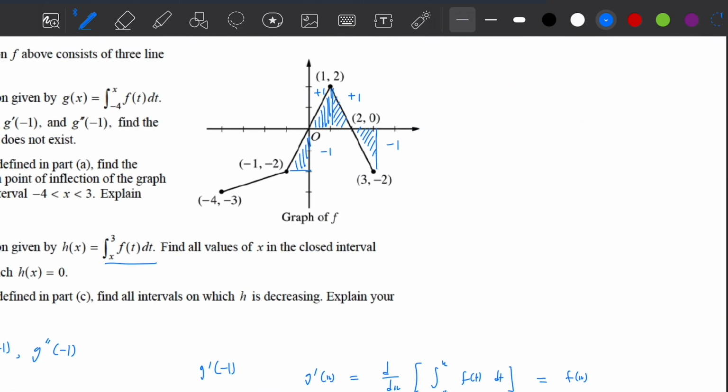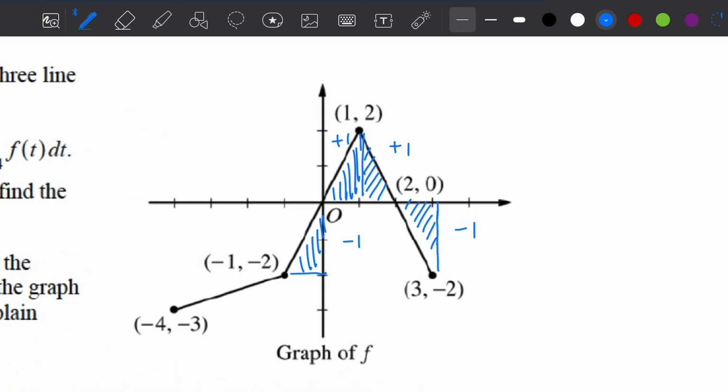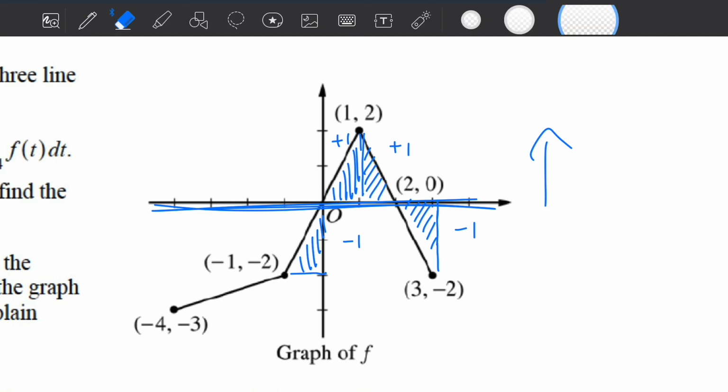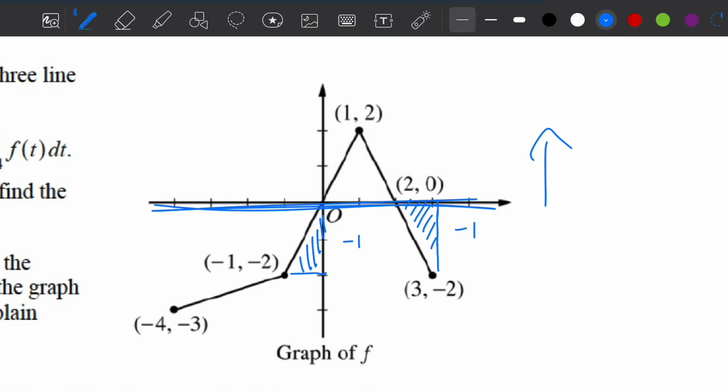On the graph of f, the parts that are above the x-axis are the parts where h(x) is decreasing. Looking at the graph of f, the function is positive on the open interval 0 to 2. Therefore, h is decreasing on the interval 0 to 2.